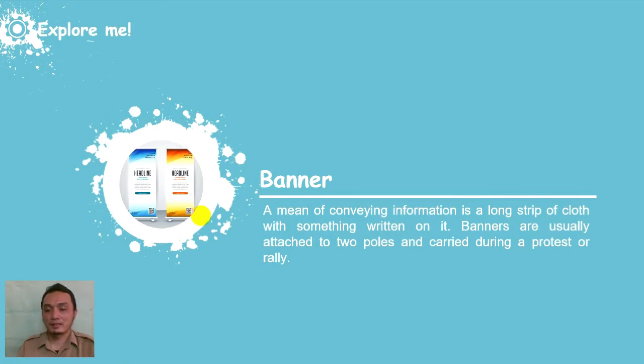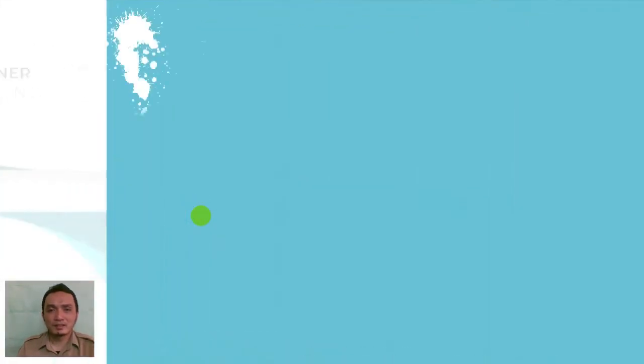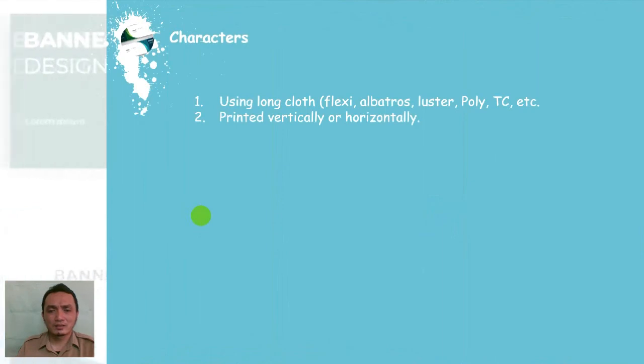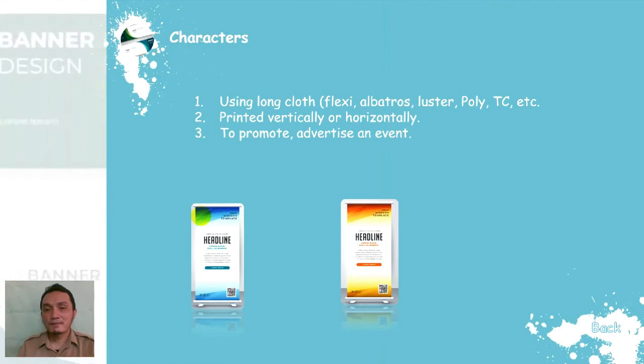So that's called a spinner, like in a protest rally or in institutions motivating students to keep away from drugs, and there are many things about banners. So these are the characteristics of a banner. It's not so complete, that's only 3 points. Using cloth, printed vertically and also horizontally. So it is called a spinner. This is an example of the vertical printing of a banner.